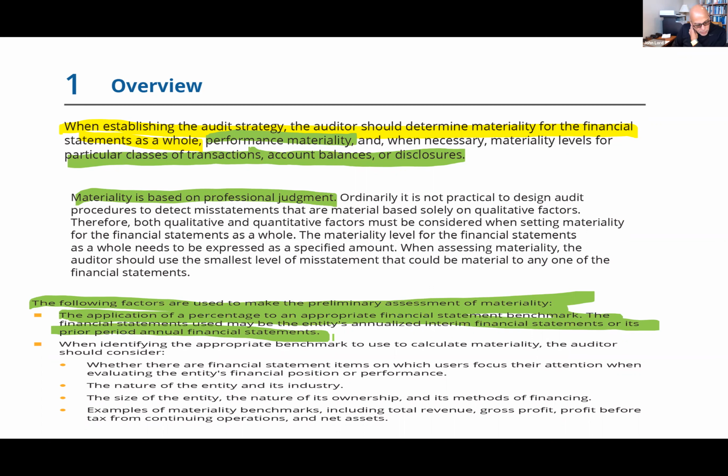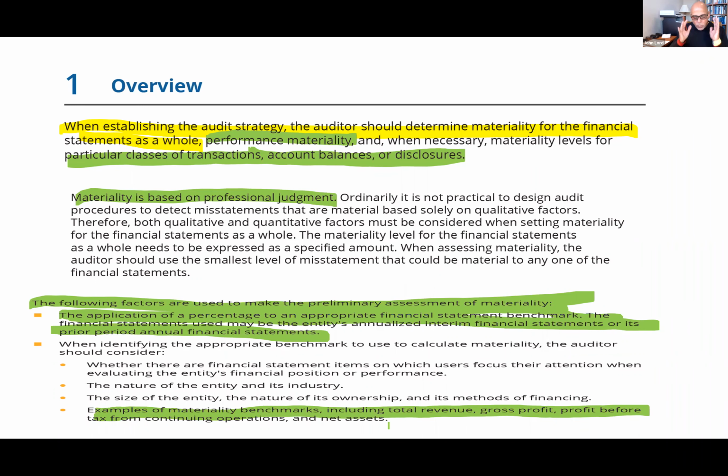Okay. Now, we are going to look at examples of materiality benchmarks, which include total revenue, gross profit, profit before tax from continuing operations, et cetera, net assets. It really depends on the nature of the industry.